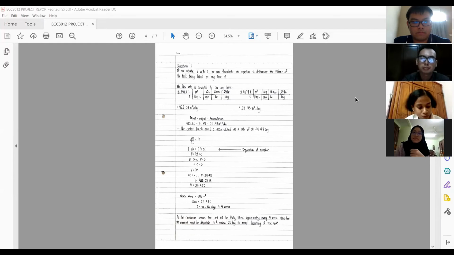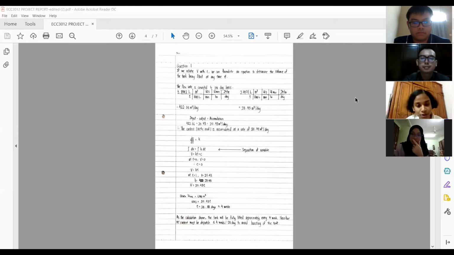So next we will continue with our separation of variable. dV by dt is equal to k. So integral of dV is equal to integral of k dt. If we integrate dV, we will get V, and if we integrate k dt, we will get kt plus c. When we substitute t is 0, V is 0, so we will get our c.